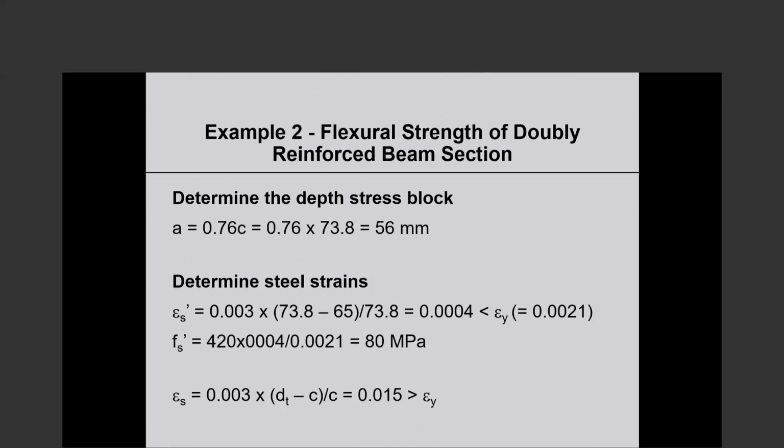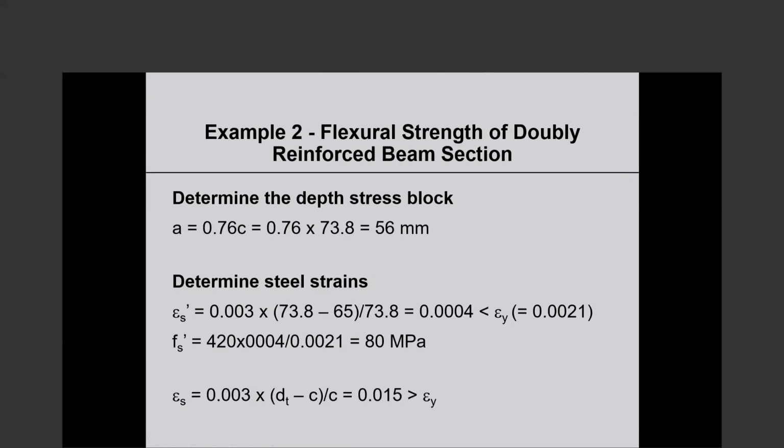So the stress block depth is 76% of that. That is 56 millimeters. Now we can determine the strain in the compression reinforcement by straight line strain distribution. That comes out to 0.0004, and that is less than the yield strain of the compression reinforcement as we postulated.